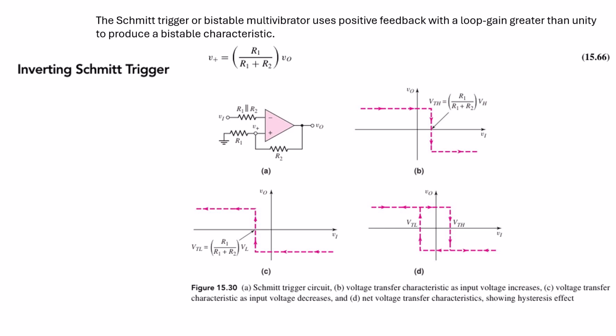But if it is higher than that, the output is low. So basically the gap between VTL and VTH, that is the V threshold low and V threshold high, is also called the width of the hysteresis, because this is actually working as a hysteresis effect.